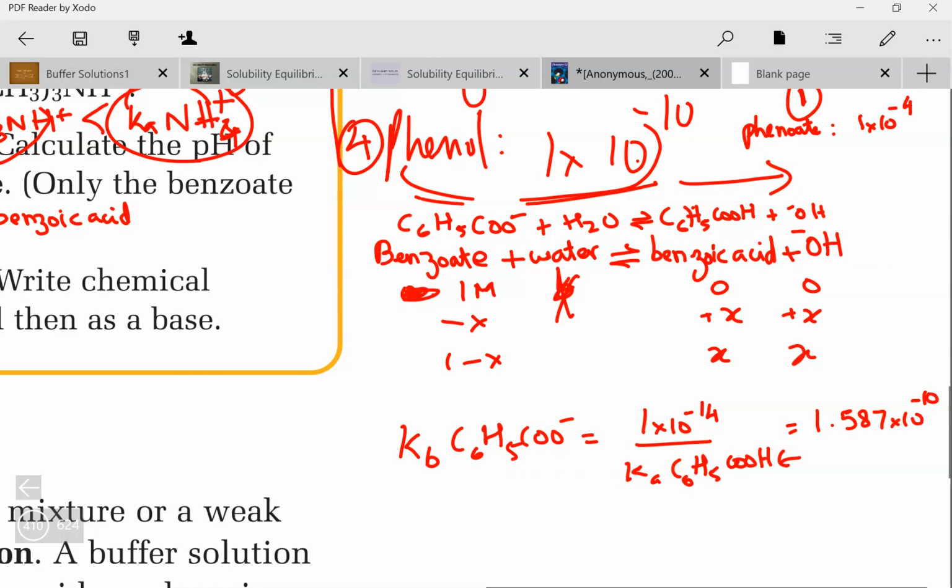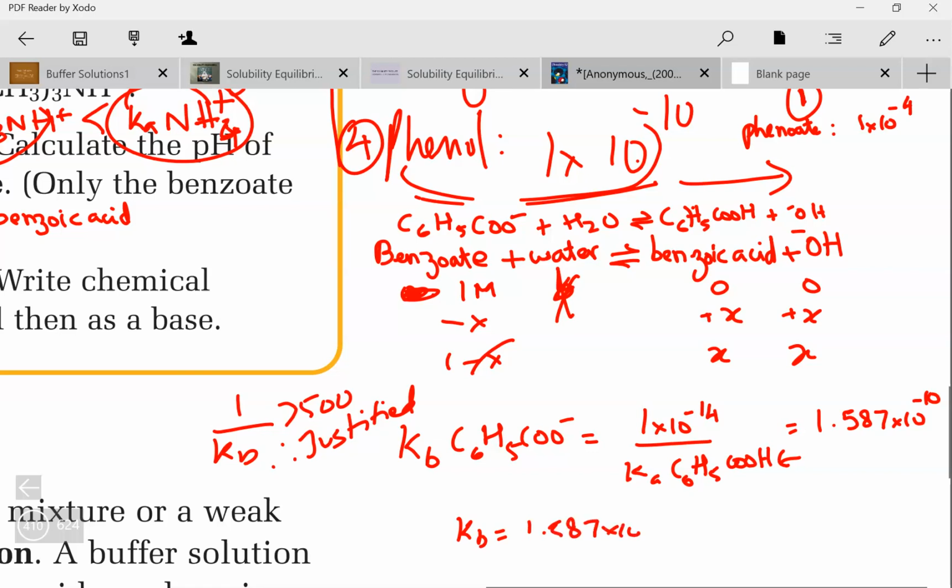So now I can do my small x approximation. 1 divided by Kb is greater than 500, therefore justified. Kb, 1.587 times 10 to the power negative 10, equals x squared divided by 1. The minus x is gone. It's products divided by reactants.